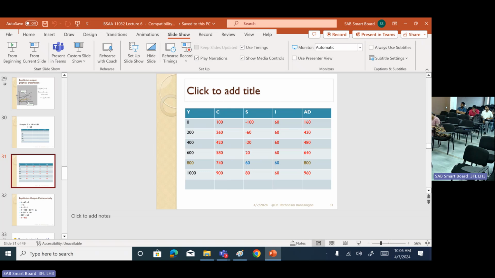If you utilize them when aggregate demand rises, those unused resources can be utilized, so there will be a minimum effect on prices, but more opportunity to raise the national income and employment.